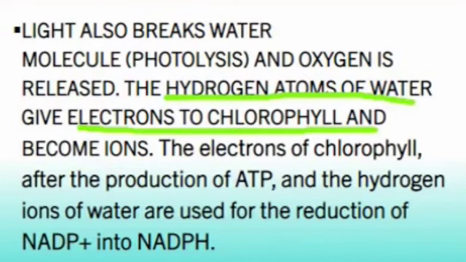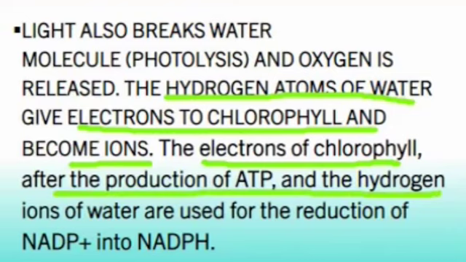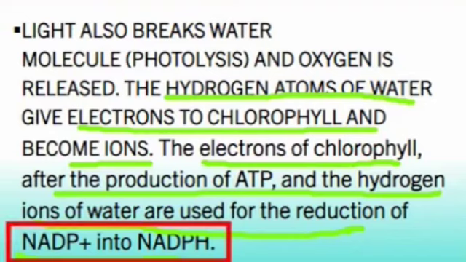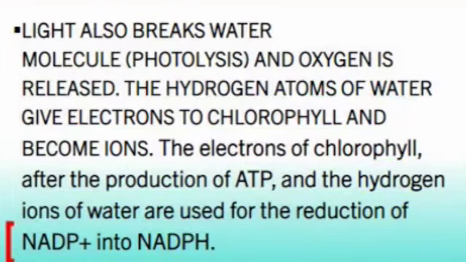What are ions? An atom becomes an ion when it loses its electron, or when it has a deficiency of electrons. The electrons of chlorophyll after the production of ATP and the hydrogen ions of water are used for the reduction of NADP positive into NADPH.